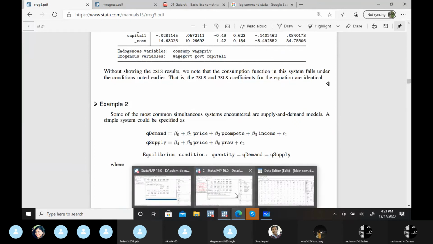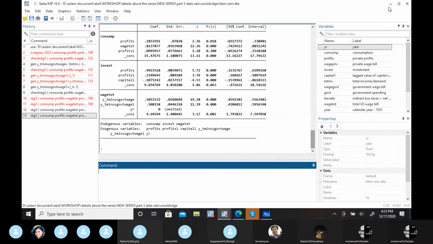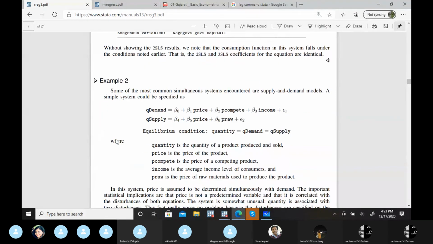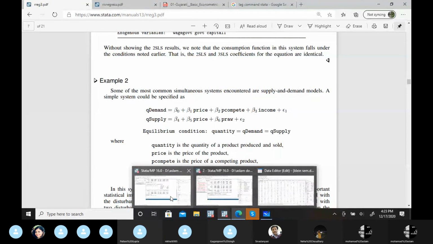I have shared this data file with you, because this reg3 command will not work for instrumental variables, and this LIML method is with the instrumental variable approach. So we have to apply the instrumental variable regression command. So for that, let's say this demand and supply example. I shared this data file with you.